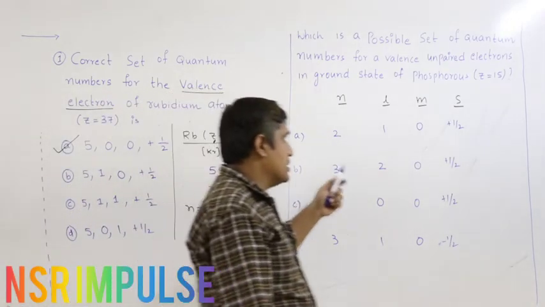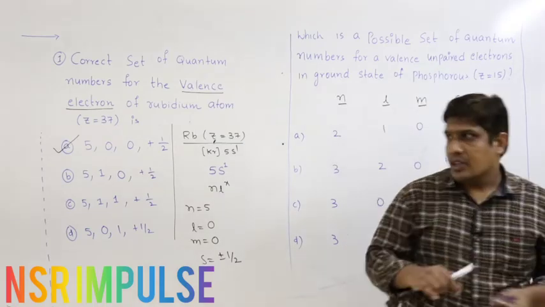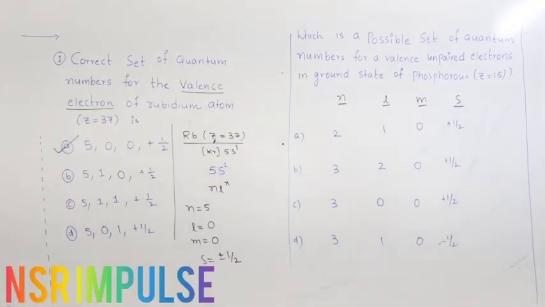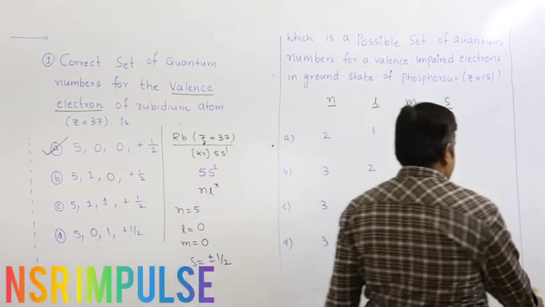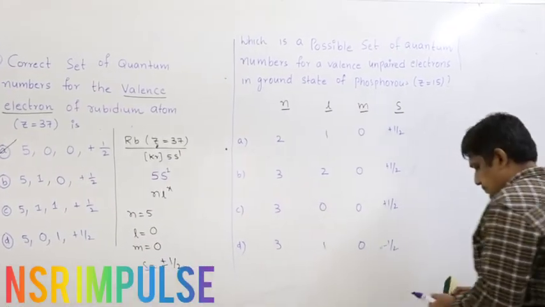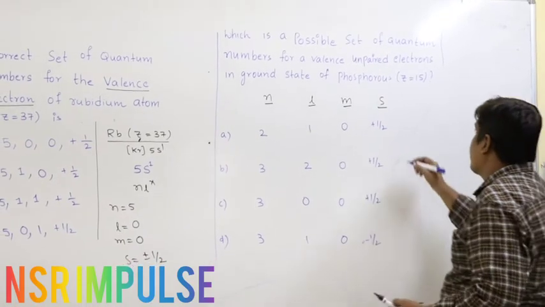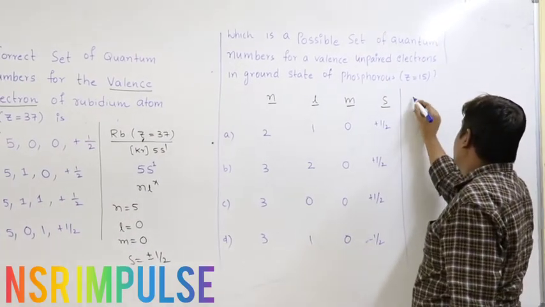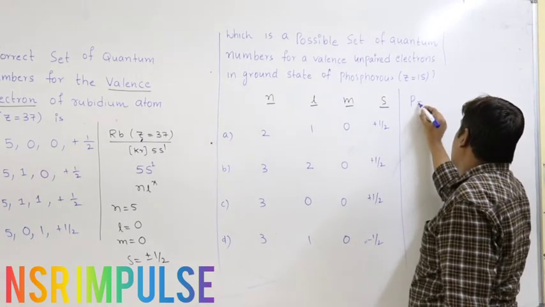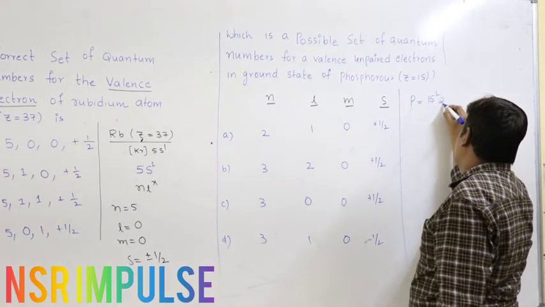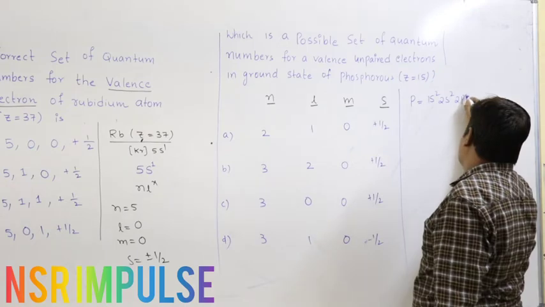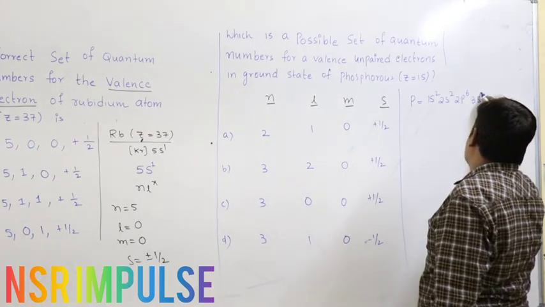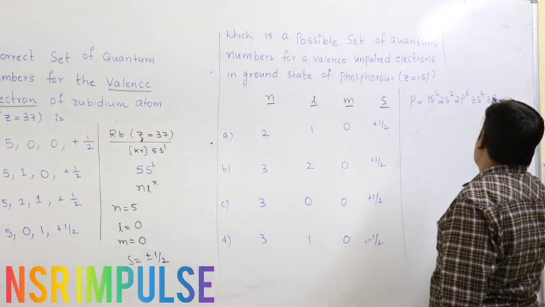Coming to the next one, a similar question, for phosphorus. The atomic number is 15. The configuration is 1s2, 2s2, 2p6, 3s2, 3p3.